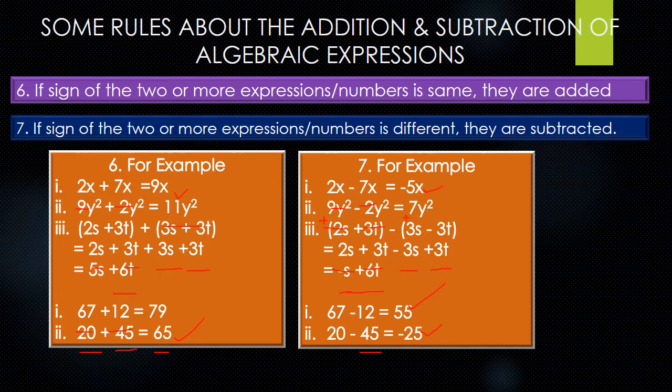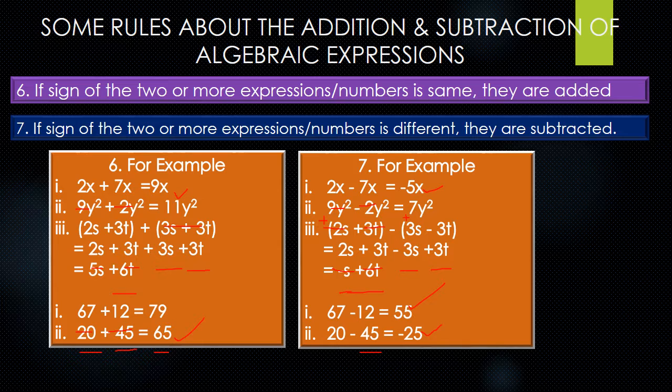The sign of the larger or higher coefficient will be put here. So now you look, the sign of the higher coefficient expression is negative, so in the answer I have put a negative sign. Now you look, 9y square minus 2y square. While subtracting, one term is negative and the other is positive, so it will be subtracted.